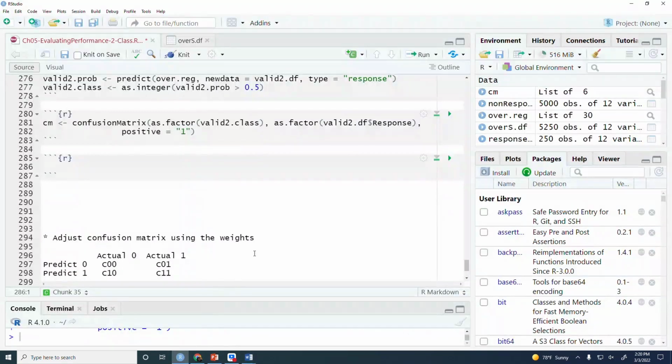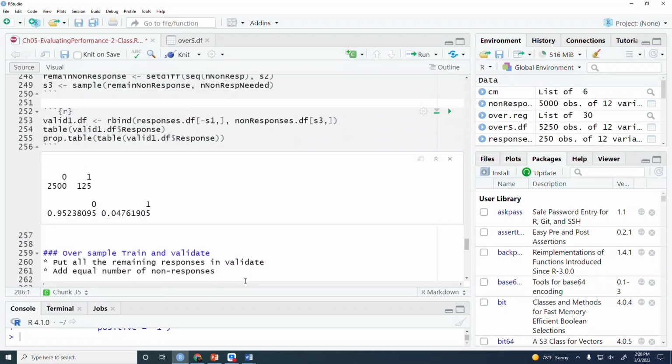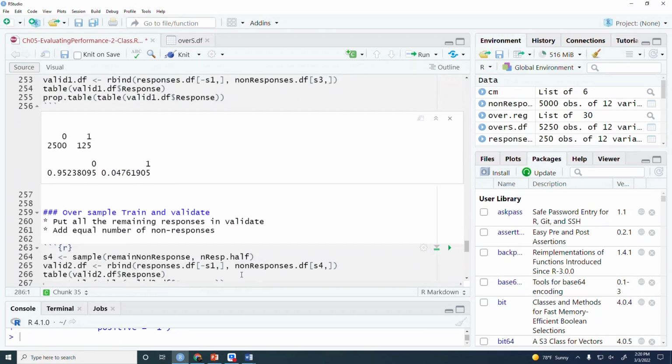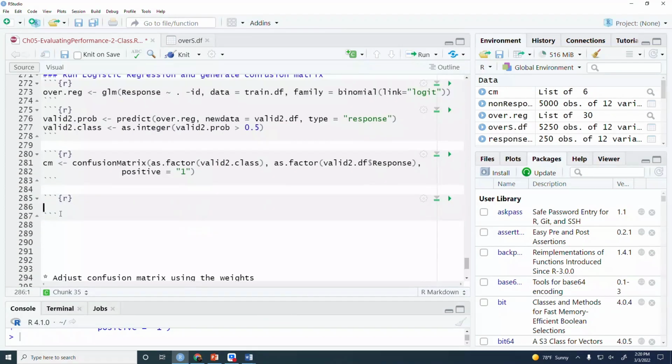So we need the two probabilities. We already have the prevalence of the whole data, prevalence.whole.